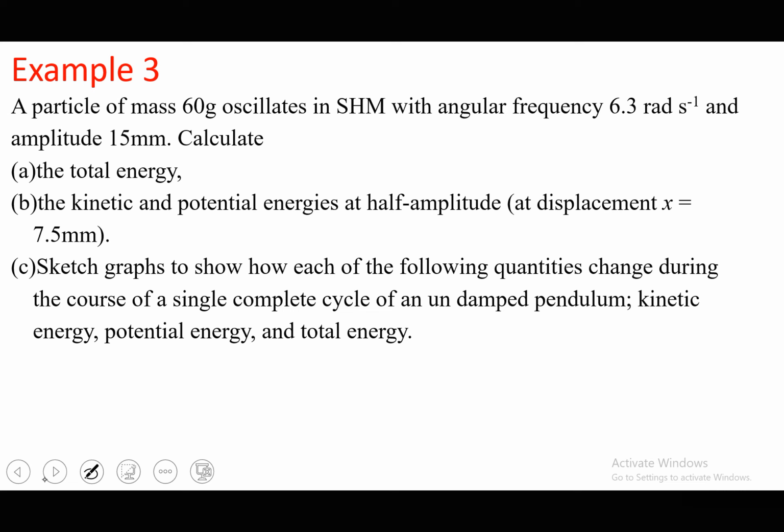A particle of mass 60 grams oscillates in simple harmonic motion with angular frequency of 6.3 radians. So this is going to be omega. And amplitude of 15 millimeters. So this is x naught. Calculate total energy. So we have just seen total energy is equal to a half m omega squared x naught squared.